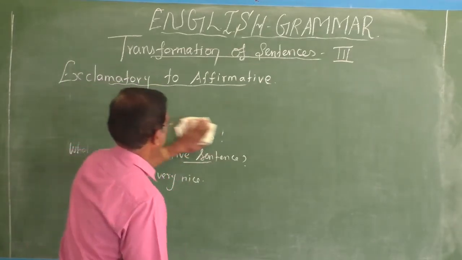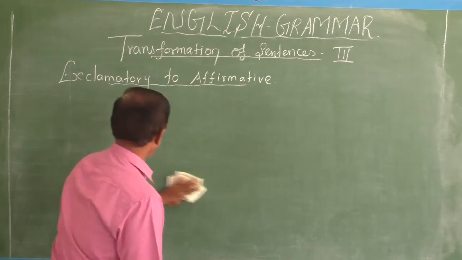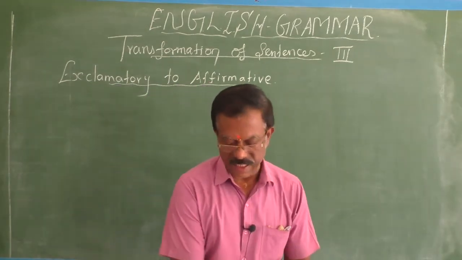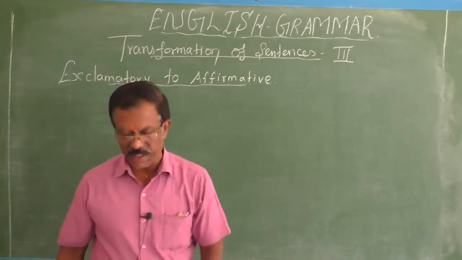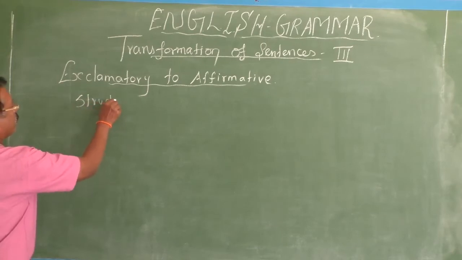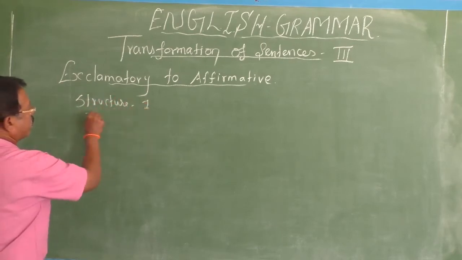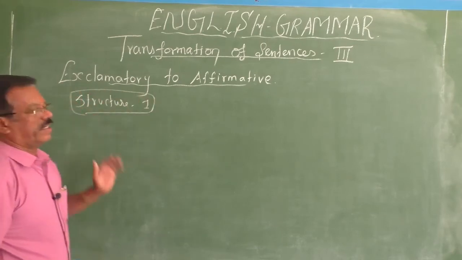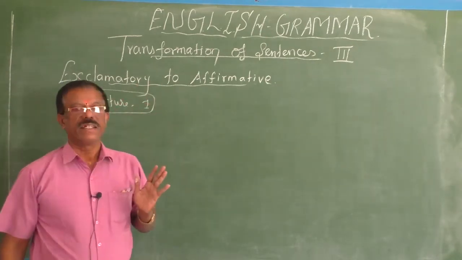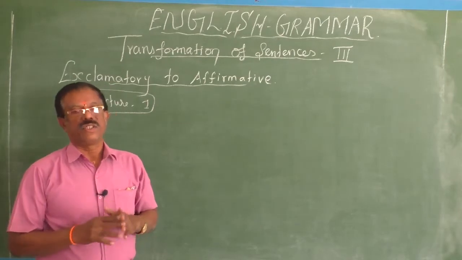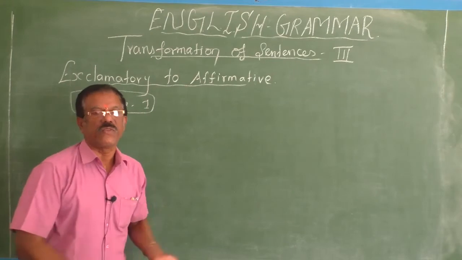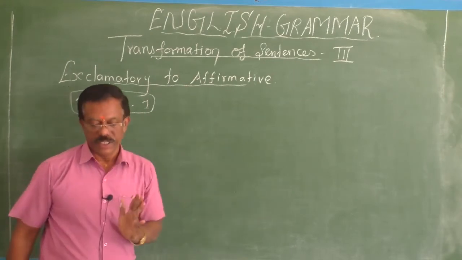Exclamatory sentences into affirmative sentences. Rule 1, or structure 1. Suppose an exclamatory sentence has this structure, that sentence should be transformed into an affirmative sentence with the following structure. That is what I am going to teach you now.